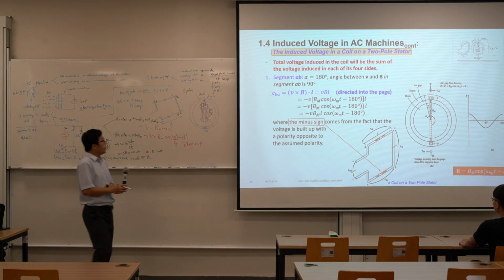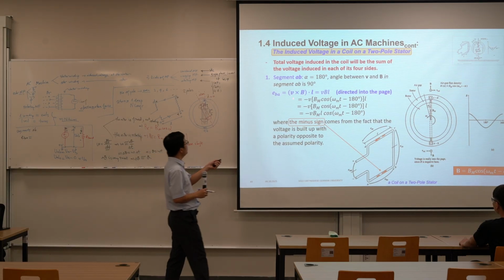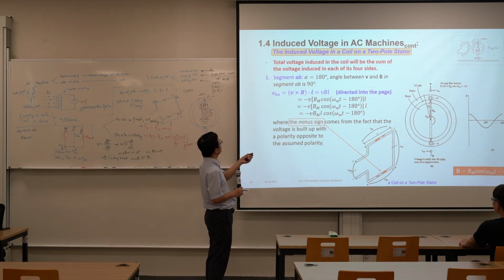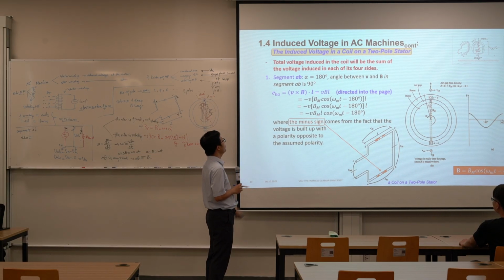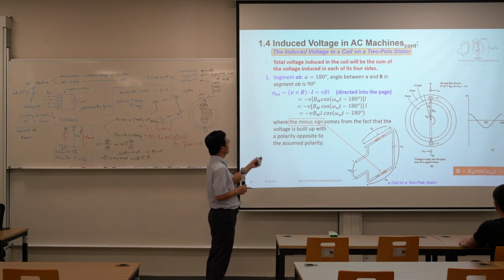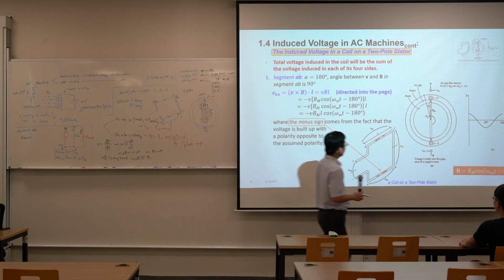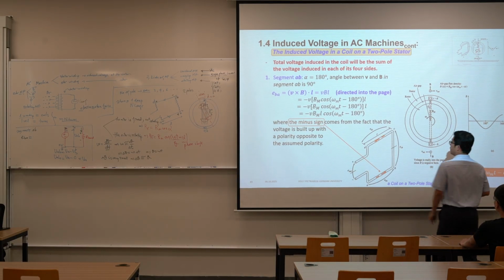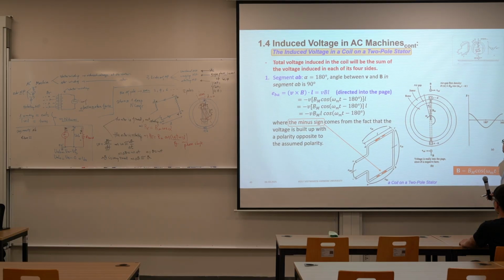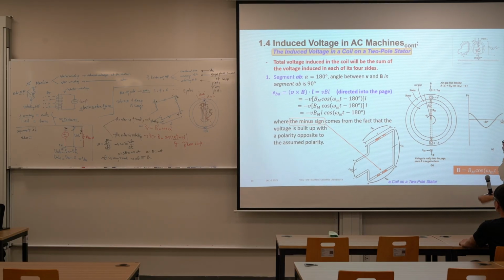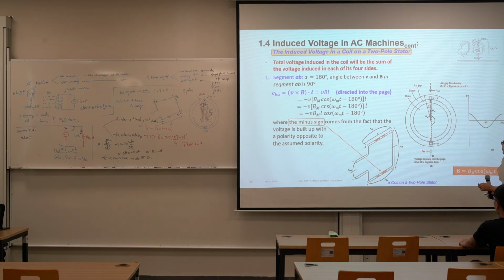So for EVA, we have V cross B dot L, the dot product. And here, where is VA? Here. So this is the direction of velocity.